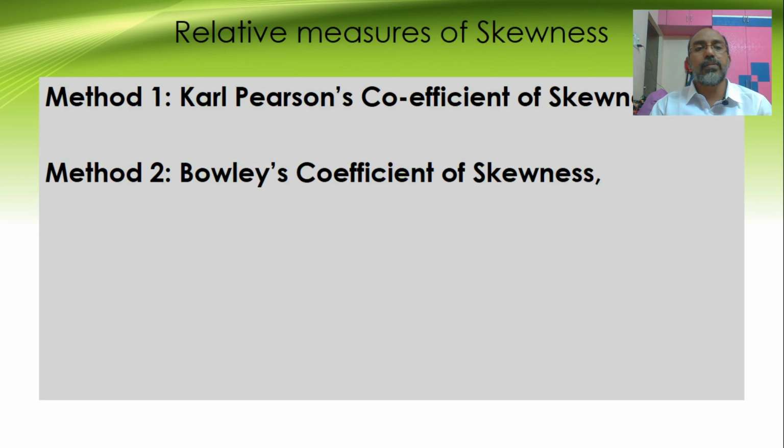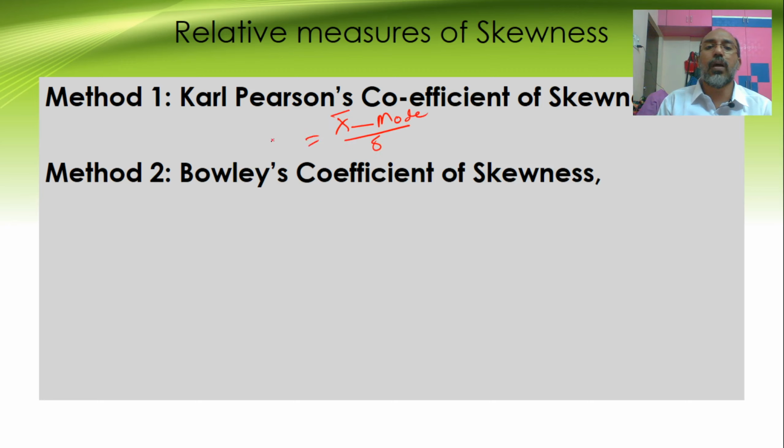What are the types of calculating skewness? Yes, there are majorly two important methods. One is called the Karl Pearson method and the other is called Bowley's method. In the previous class we explained Karl Pearson's coefficient of skewness, which uses x bar minus mode divided by standard deviation.